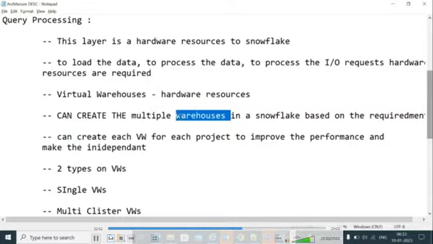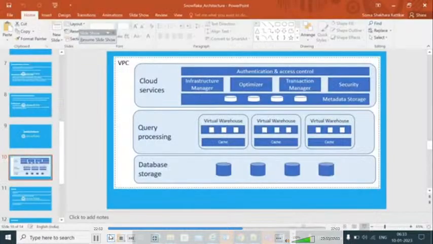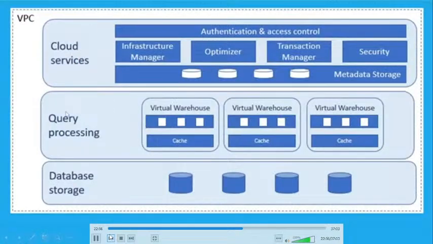Till here you are clear? I will tell you. This query processing layer is a virtual warehouse, which is a compute layer, and these are the hardware resources for your Snowflake. They are required to process all your requests.